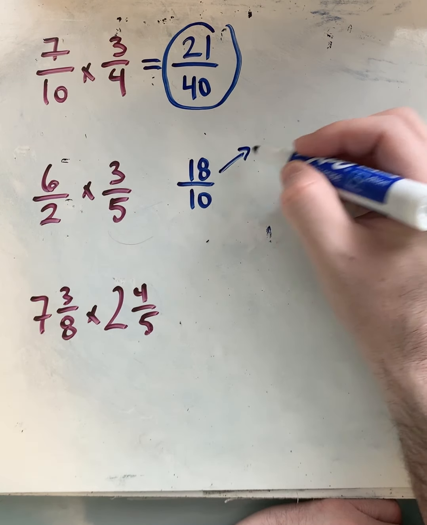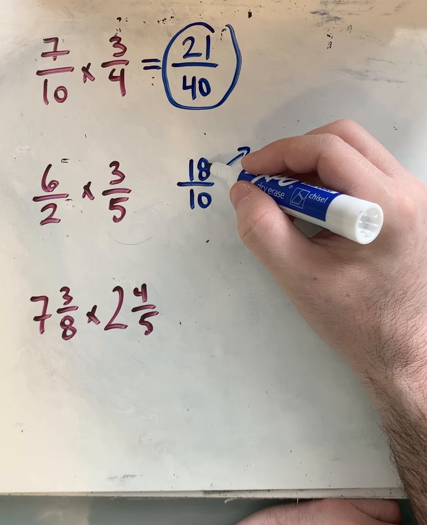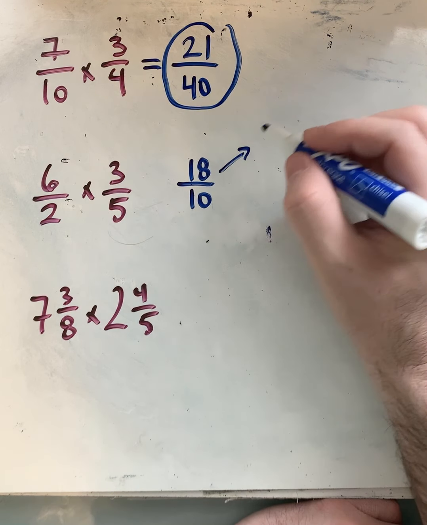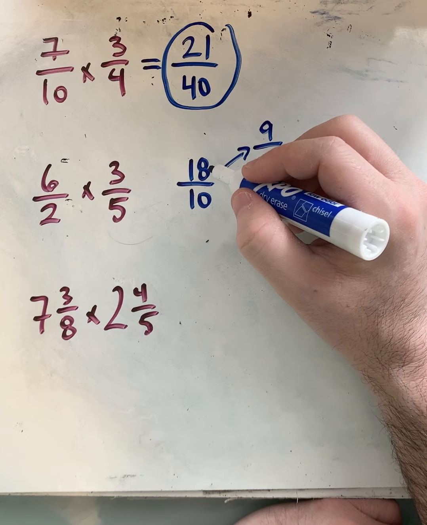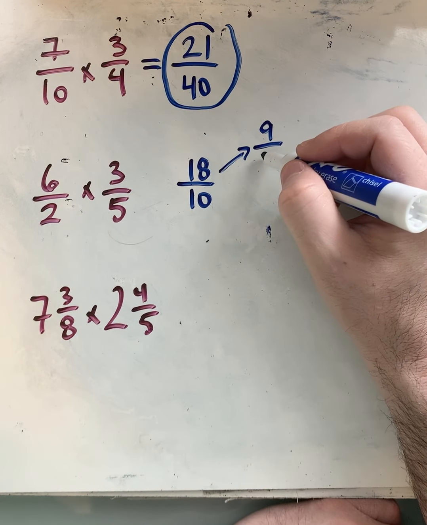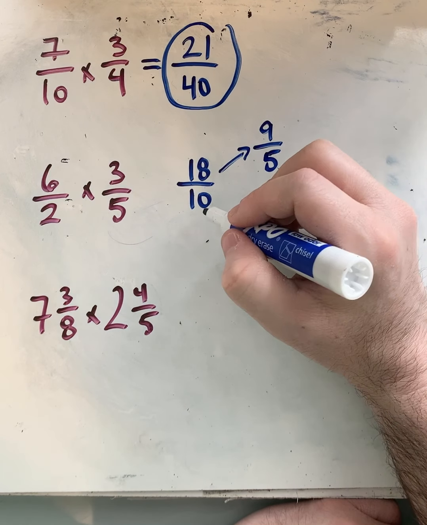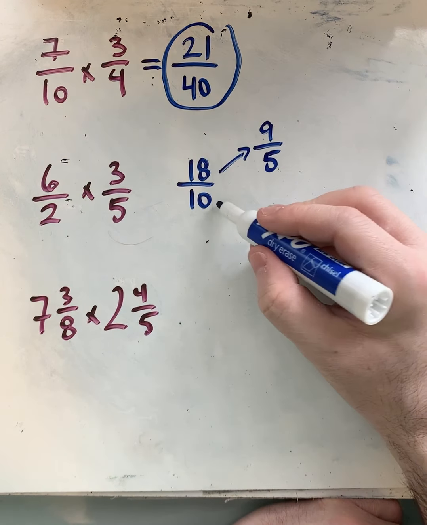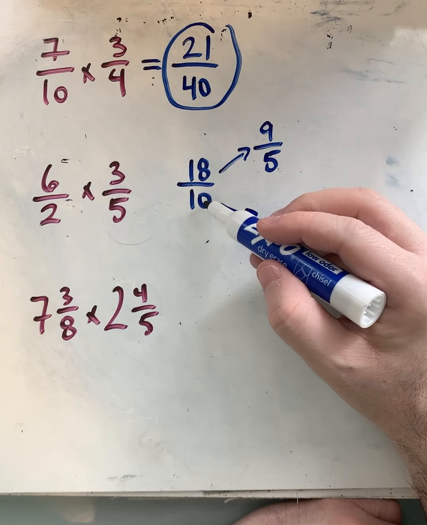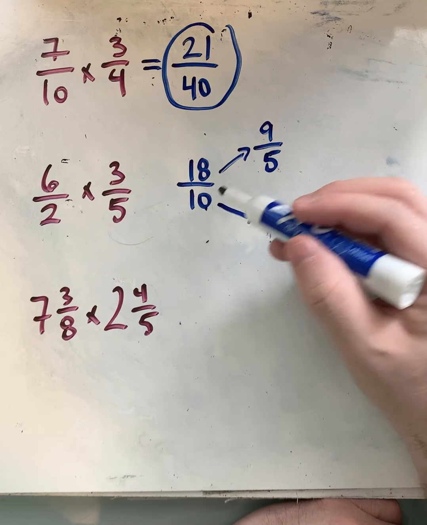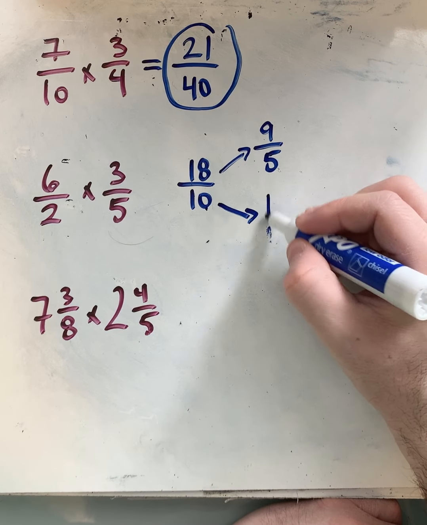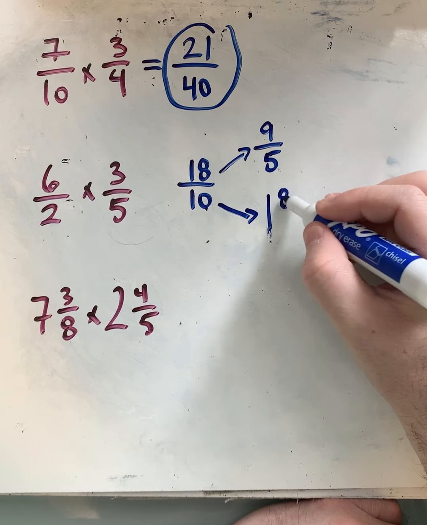So you could either say, okay, I know that 2 goes into both of these. 18 divided by 2 is 9, and 10 divided by 2 is 5. So I can either go that way, or I can go right away to solving it like this. How many times does 10 go into 18? Well, it goes into 18 once, and I have 8 over 10 left over.